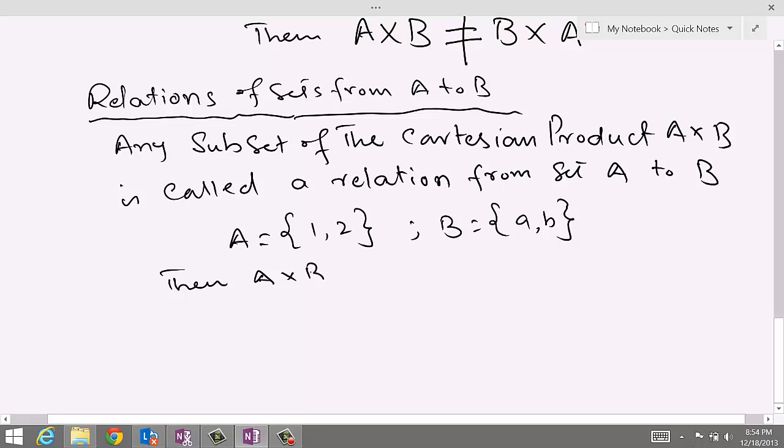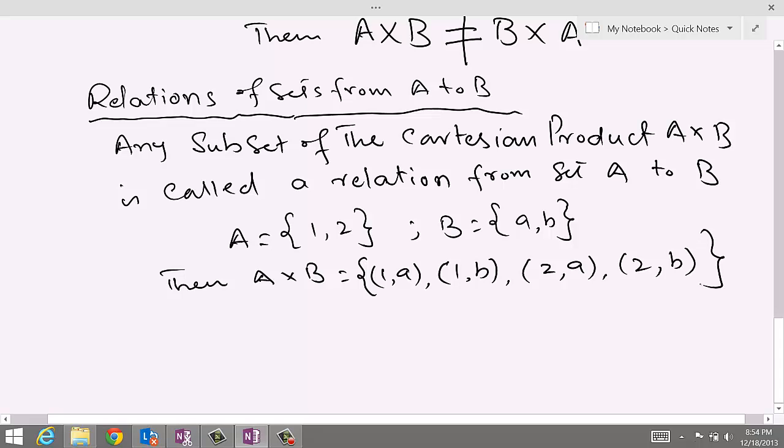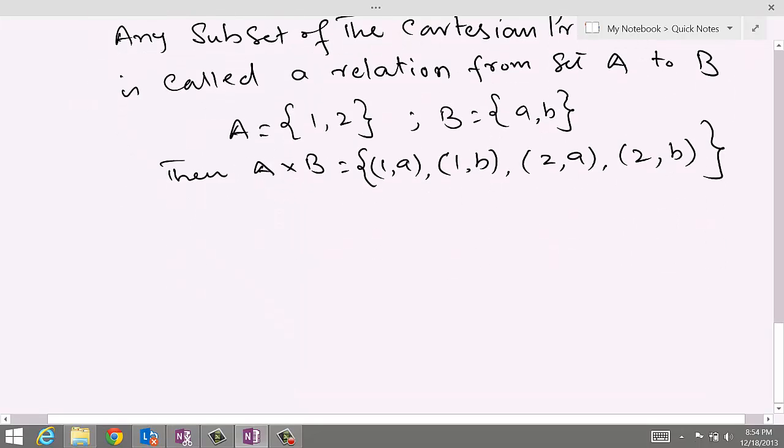A cross B would be equal to set of all ordered pairs in which first element will come from A and the second element will come from B. So this will be (1,a), (1,b), (2,a) and (2,b).